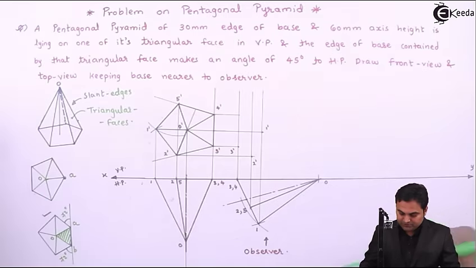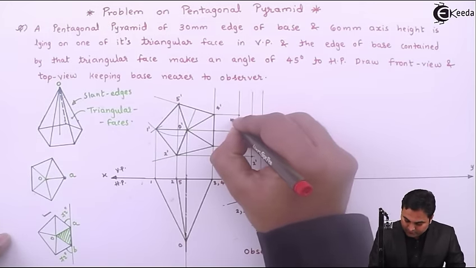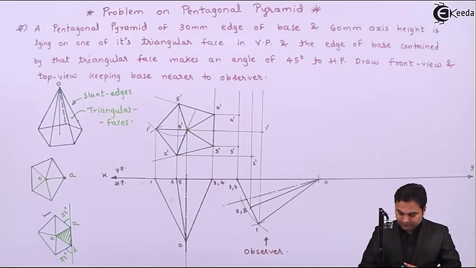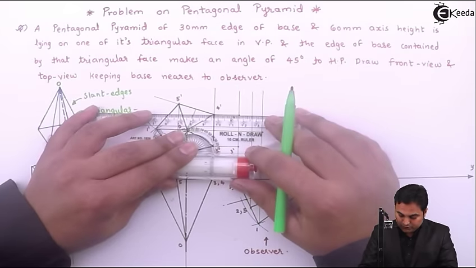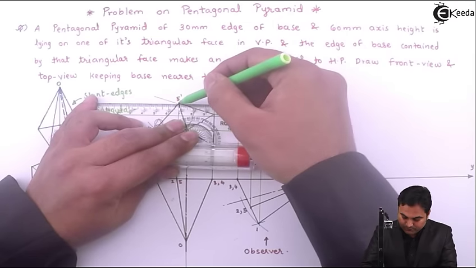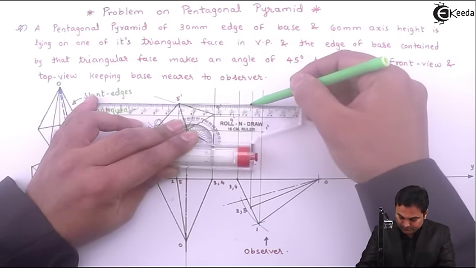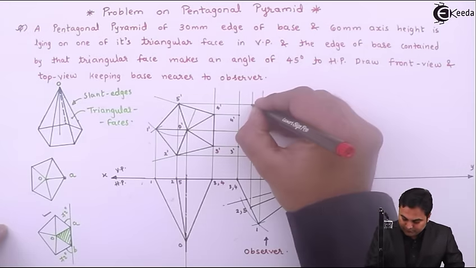So here 4 dash has been projected and this will give me point 4 dash. Next, point 5 is on the same line as point 2. So projecting point 5 dash up till here. So there is point 5 dash.